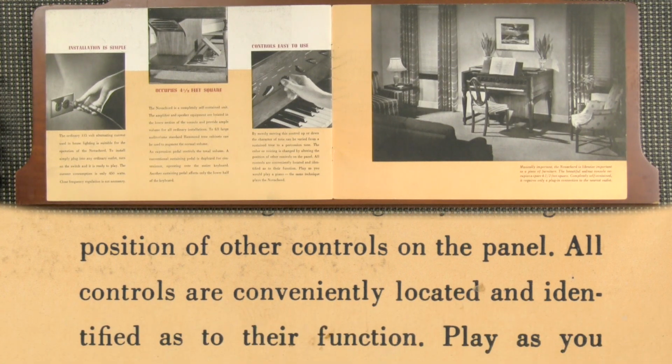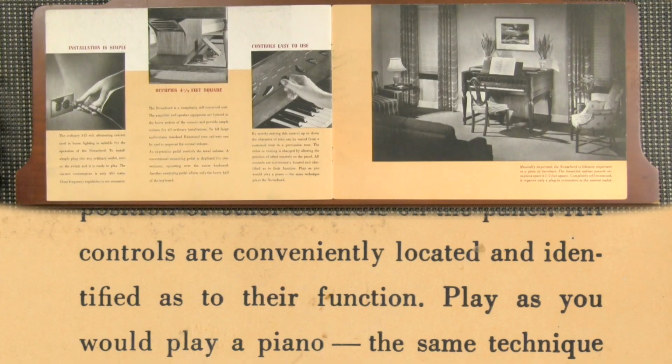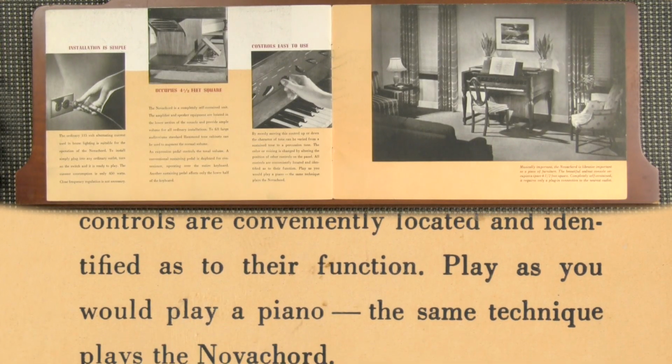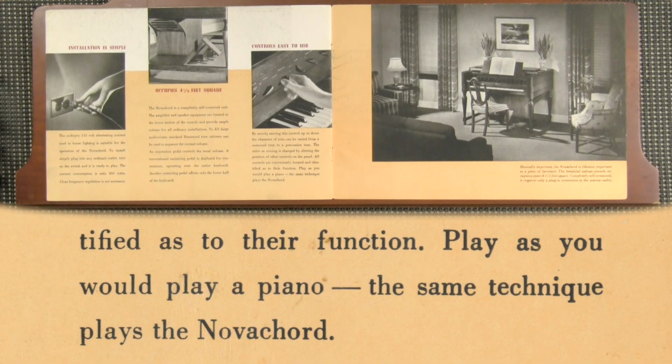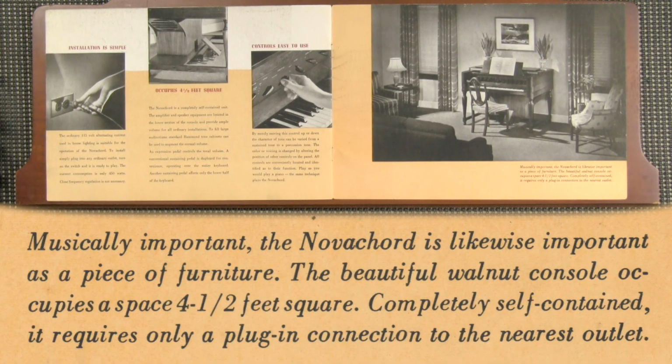All controls are conveniently located and identified as to their function. Play as you would play a piano, the same technique plays the Novachord. Musically important, the Novachord is likewise important as a piece of furniture. The beautiful walnut console occupies a space 4.5 feet square. Completely self-contained, it requires only a plug-in connection to the nearest outlet.